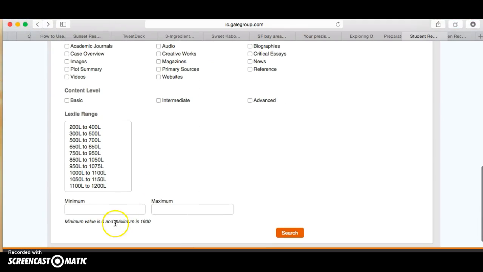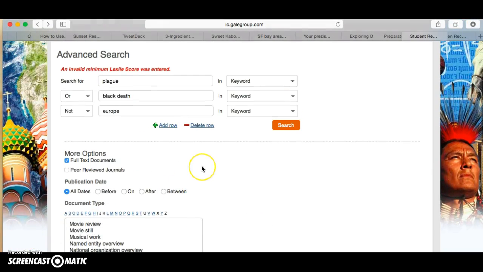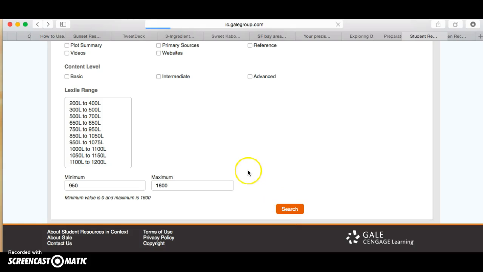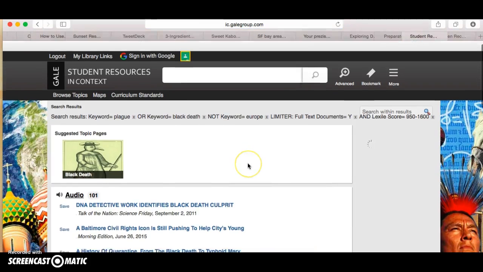And as I mentioned, we can do a range. I want to make sure this is 950 to 1600 search, so we don't get the, oops. Oh, I guess they don't want the L's. Okay.